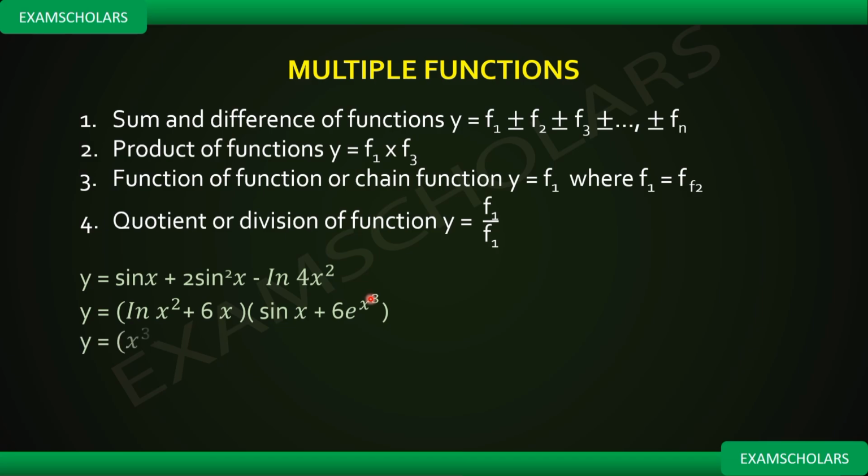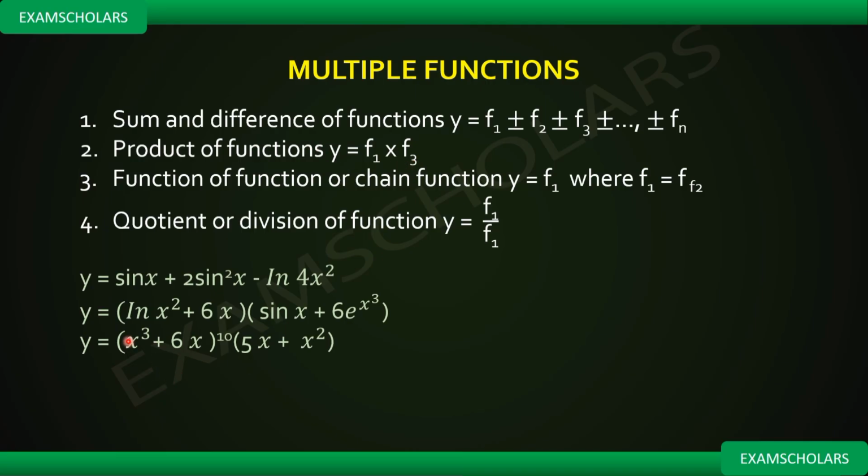Now let's look at another one. You have x raised to power 30 plus 6x, close brackets, raised to power 10, times 5x plus x squared. Now let's analyze this. You can see that the whole of this is multiplying the whole of this, which is what? Product of functions. Right? Let's now look at them individually.